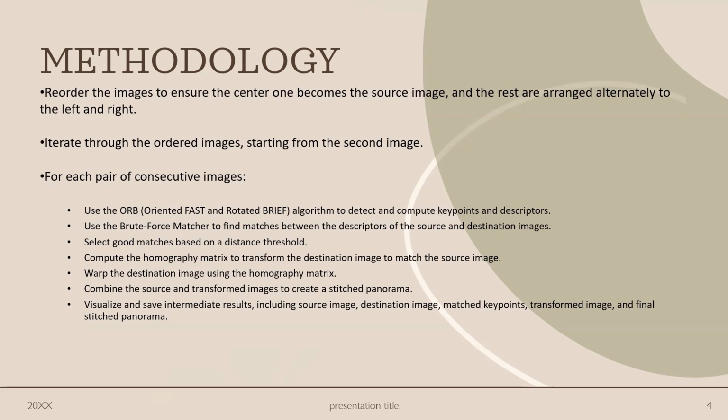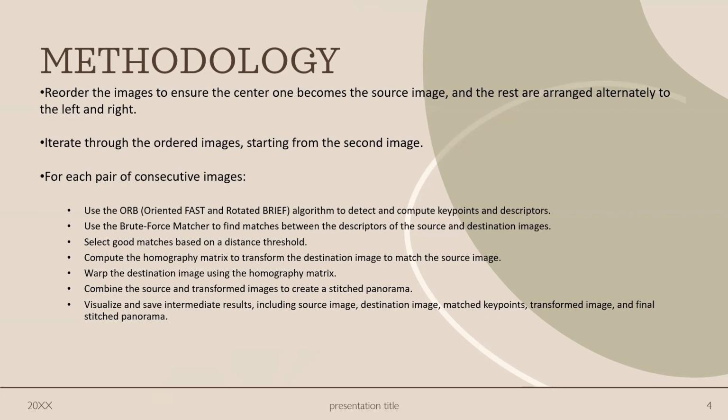Now we will use the brute force matcher to find matches between descriptors of the source and destination image. After that, we will select good matches based on a distance threshold, and then we will compute the homography matrix to transform the destination image to match the source.